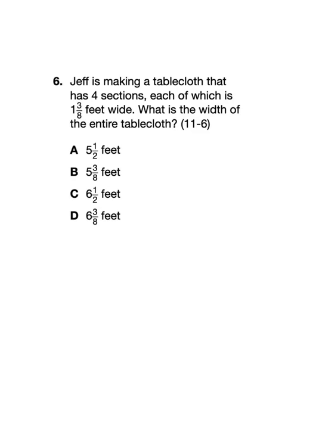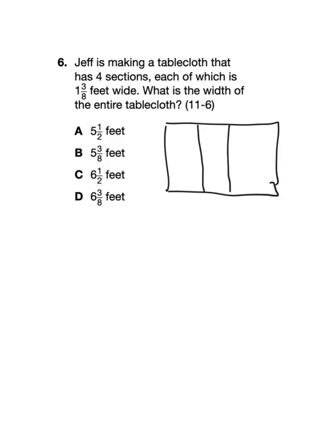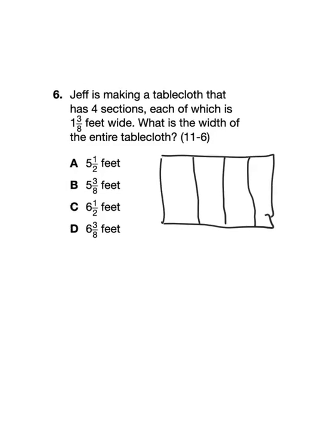Number 6. Jeff is making a tablecloth that has 4 sections, each of which is 1 3/8 feet wide. What is the width of the entire tablecloth? So if we represent his tablecloth with this rectangle, and it has 4 sections, each of which is 1 3/8 wide.